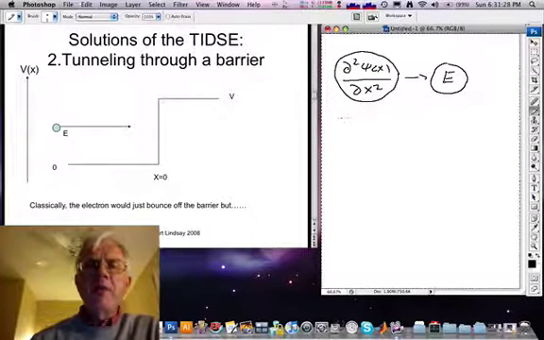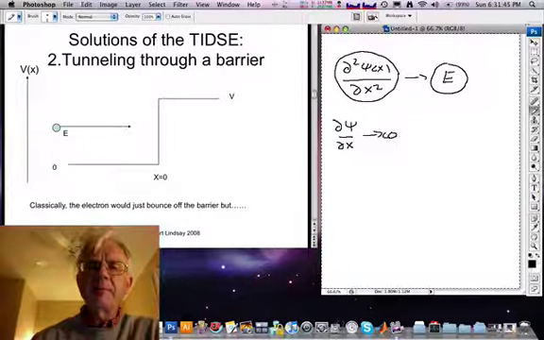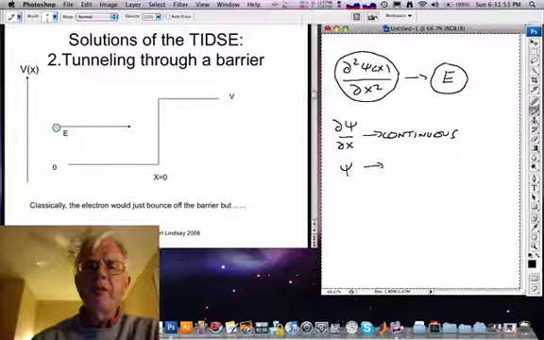So a requirement for the physical solution of the Schrödinger equation is that the second derivative of the wave function be finite. If the second derivative is finite, this requires that the first derivative must be continuous. For this to be the case, the wave function itself must be continuous.